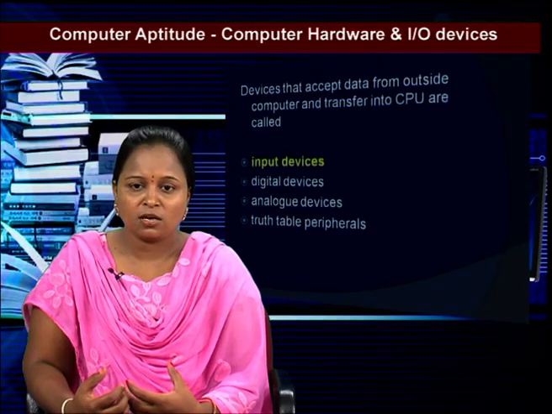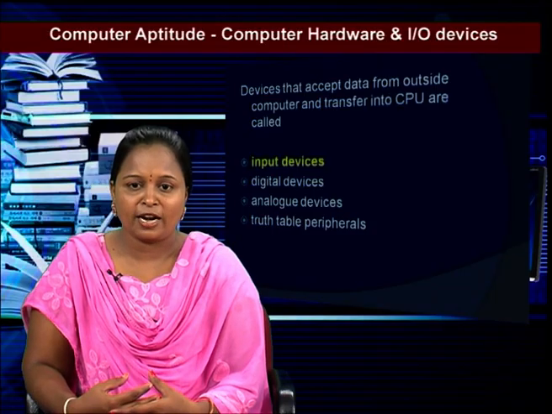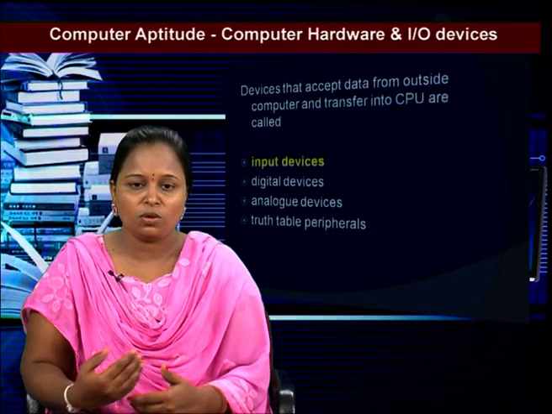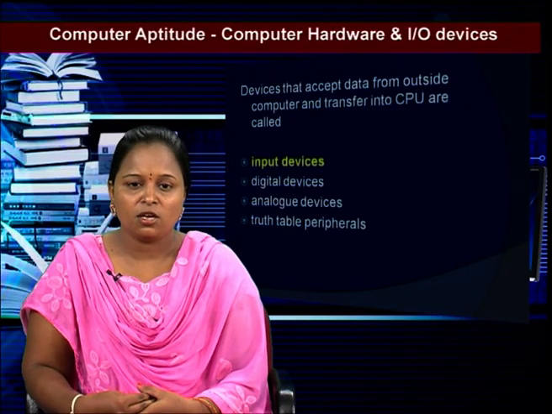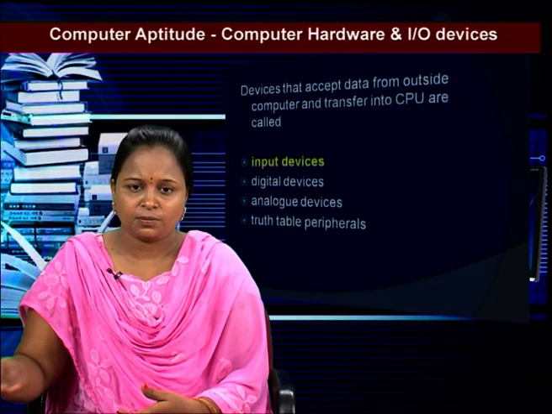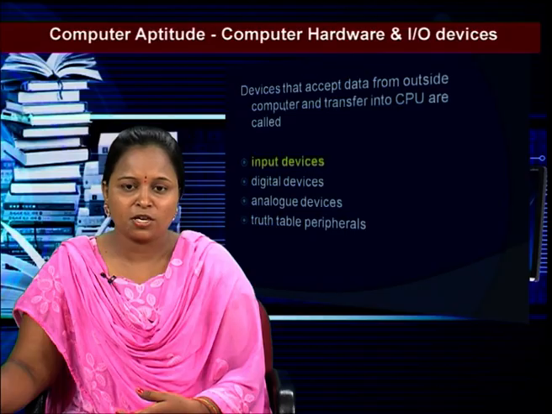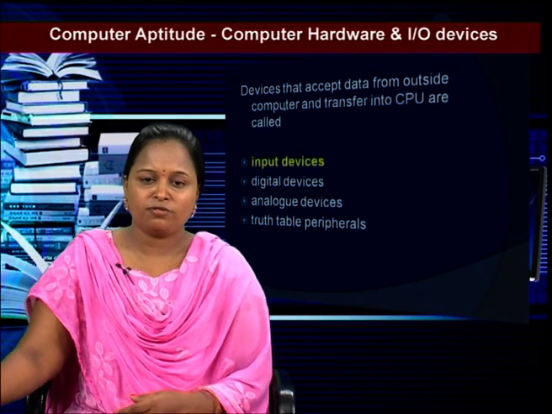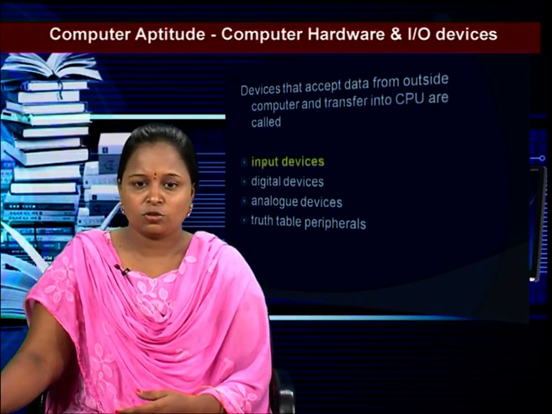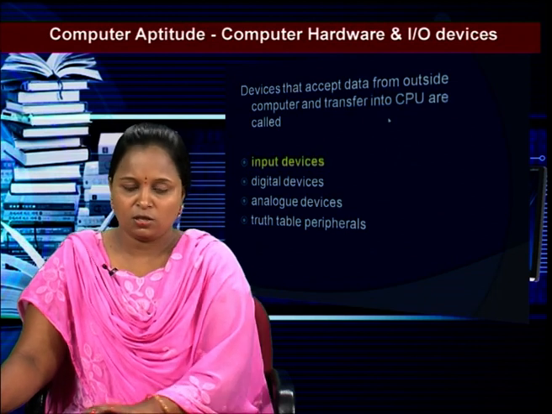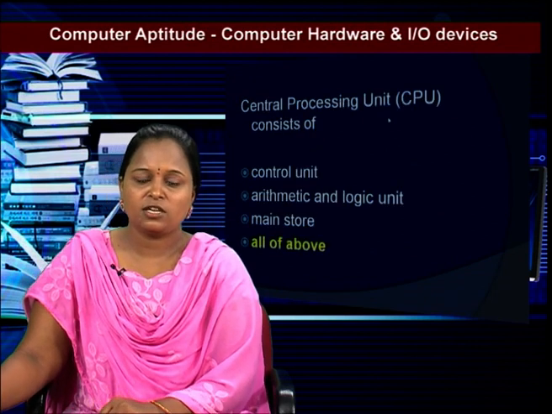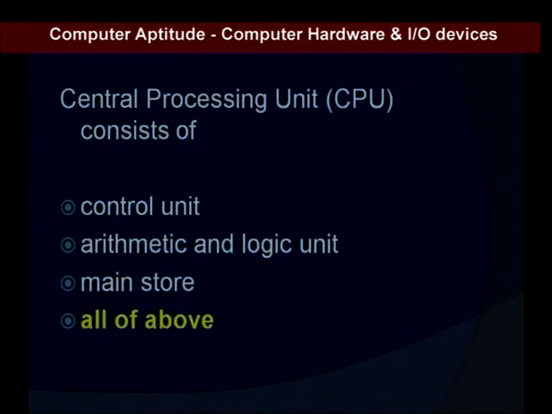So, these are outside the computer and transferring data from one place to another place. The CPU stores the information, outside information or internal information, which is used for the input device. CPU means input.